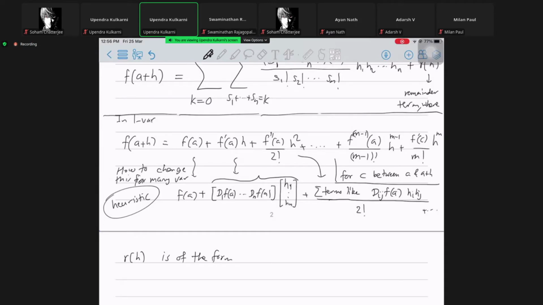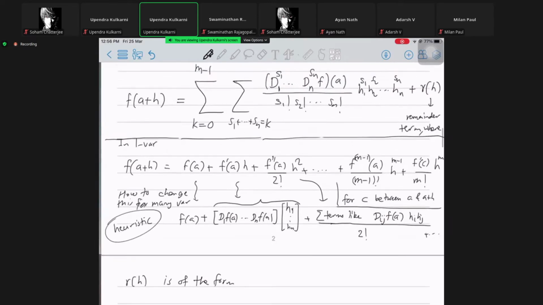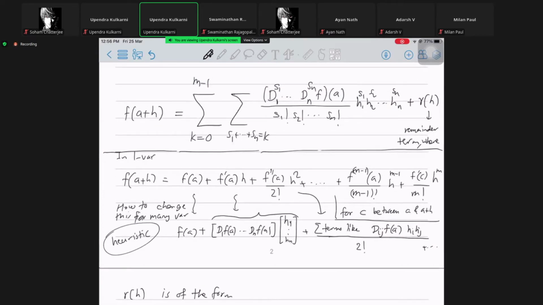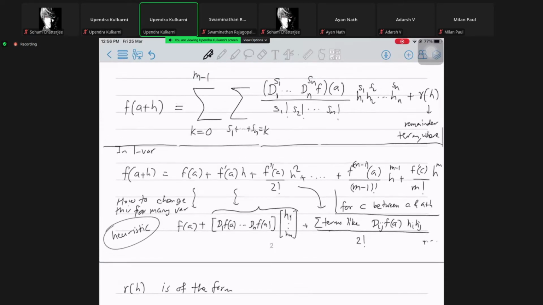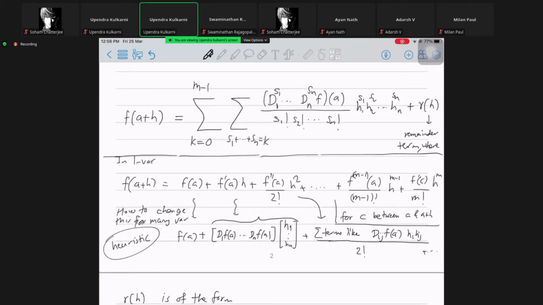See, the remainder term is really of the same type, right? It is just that instead of evaluating it at A, I'm evaluating it at some point, right? So it's going to be exactly a term of this kind.